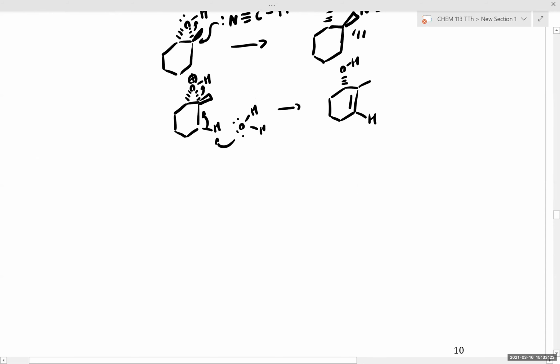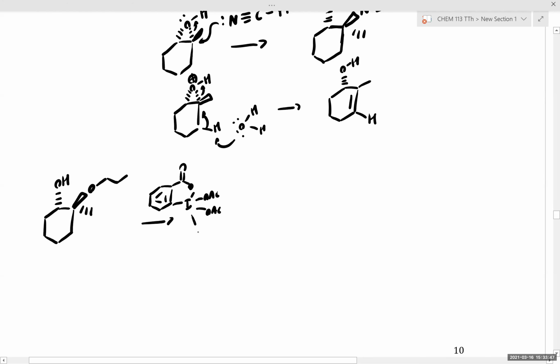Okay, so let's now show the Dess-Martin periodinane oxidation. So we have our secondary alcohol, and we treat with Dess-Martin periodinane. Remember, Dess-Martin periodinane looks like this. It's an iodine 5 reagent. Our alcohol attacks, kicks out our leaving group.